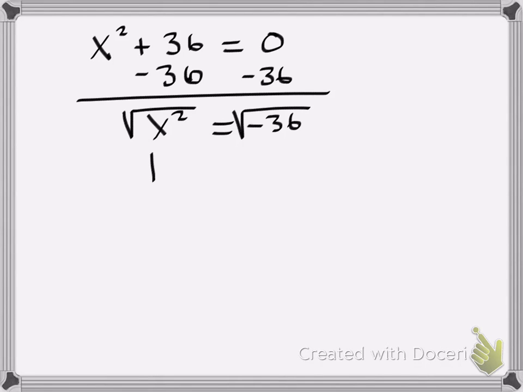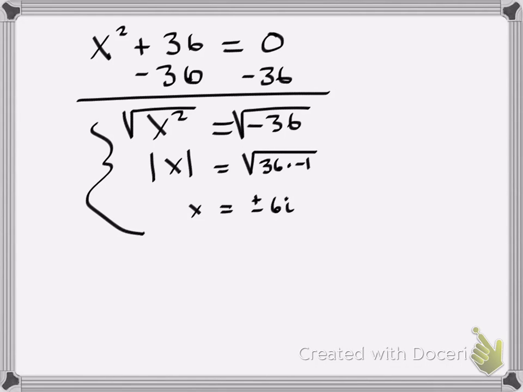And so I get the absolute value of x equals, inside I'm going to break it down, 36 times -1. What does that break down to? 6i. To lose the absolute value, what must you do? Plus or minus, so x equals plus or minus 6i. And yes, you must do these steps here. That's why a lot of people got them wrong.